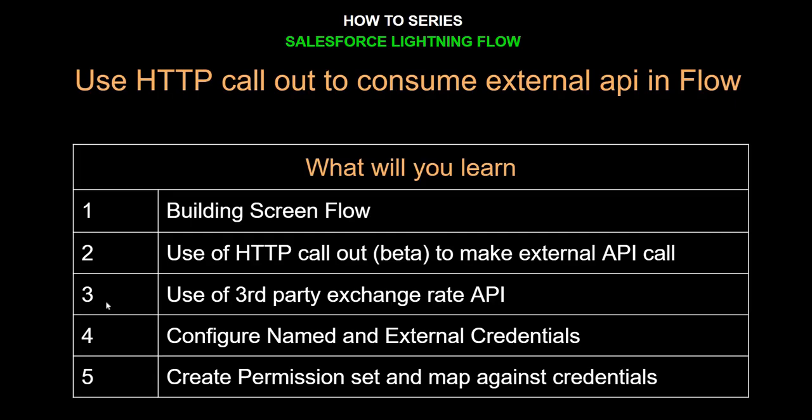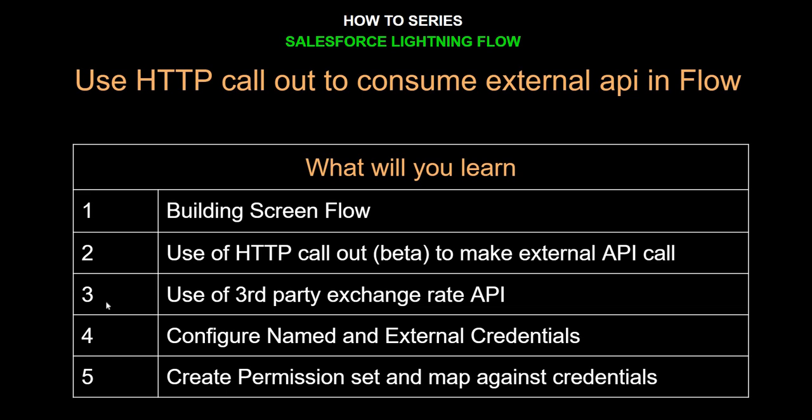This is what you will learn by doing this use case. The first one is we will use a flow where we will show all the supported currency rates, and of course we will use an action called HTTP Callouts, which is right now in a beta version. We'll see how we can use that inside a flow. We will be using a third party exchange rate API.